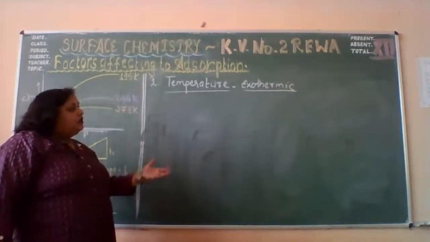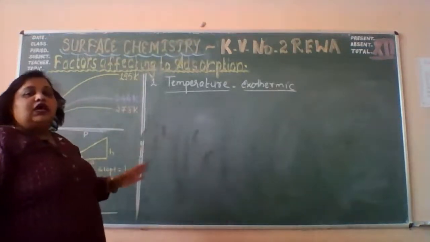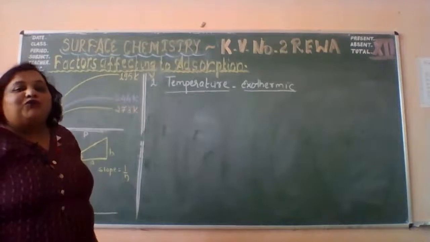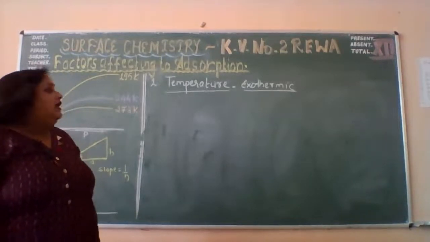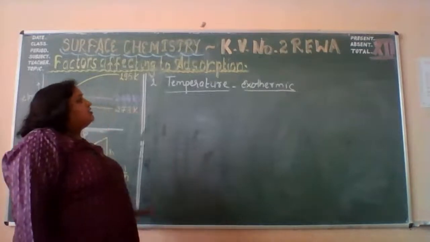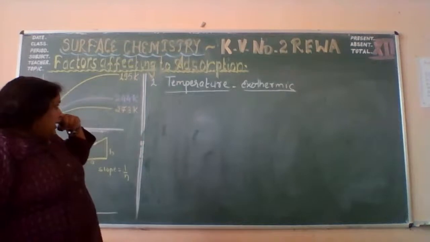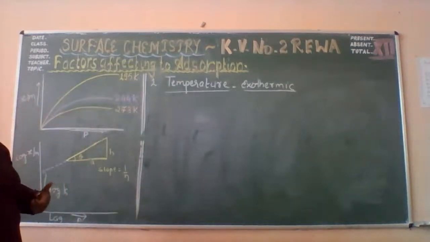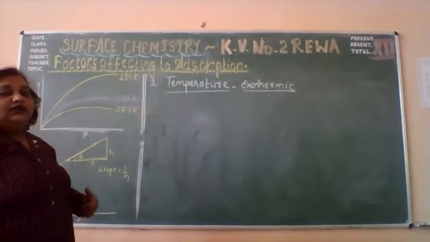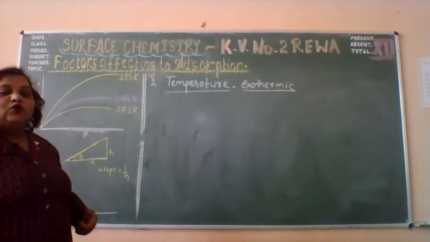The other conditions, the surface area and all the other things, should remain the same, and pressure also you have to keep constant so that you can study the effect of temperature. So what you will observe as the temperature is increasing is that the rate or the extent of adsorption goes down.